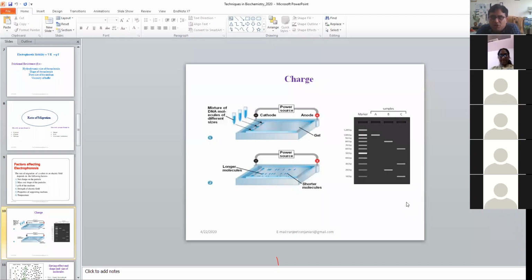One is shorter molecule, other is longer molecule. The shorter molecule or the small fragment will have high rate of migration and movement will be very fast, whereas the longer molecule, the molecule with high base pair, will have a slow rate of migration.